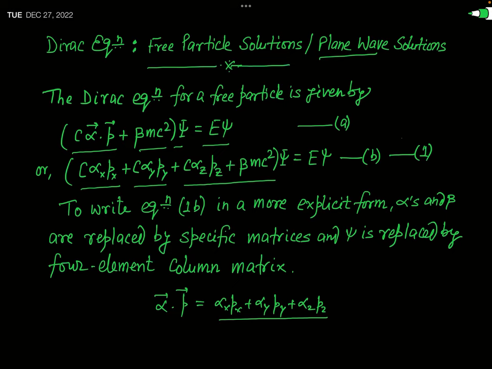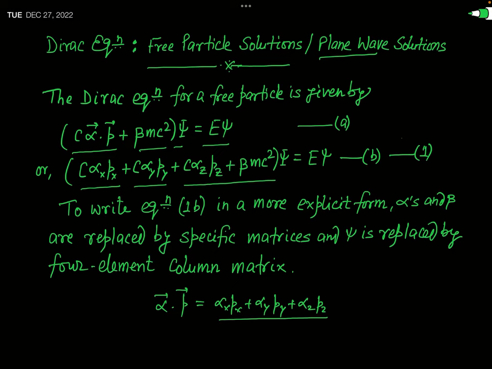Now, in fact, to get the plane wave solution of this Dirac equation for a free particle, first of all, we will cast this equation into a simpler form, or you can say a more explicit form, in terms of the matrices associated with the operators alpha and beta.